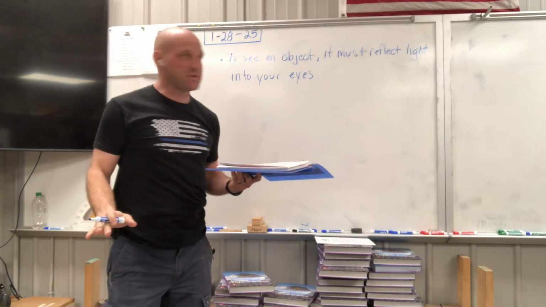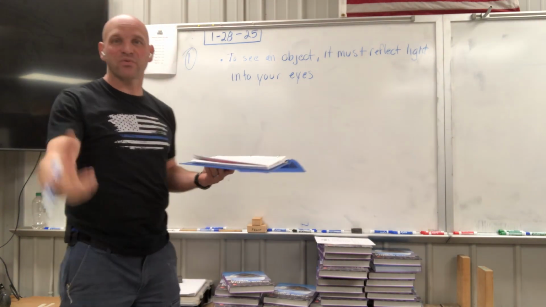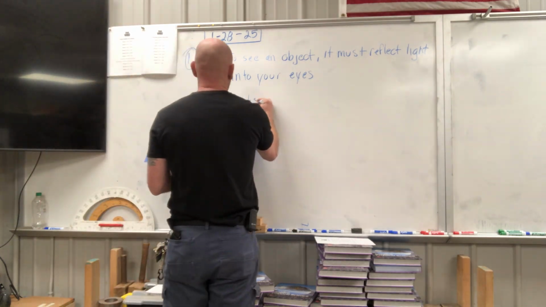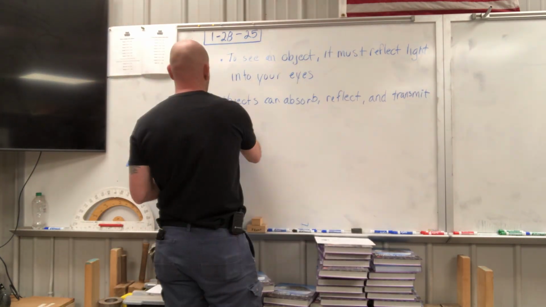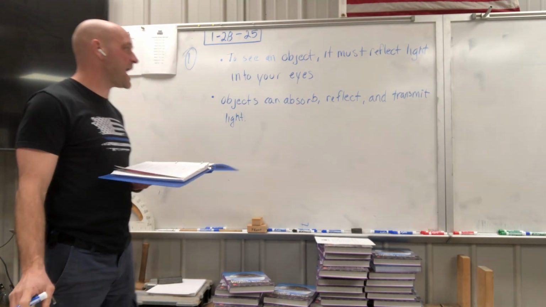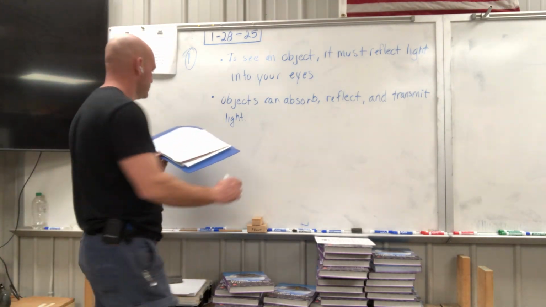To see an object, it must reflect light back into your eyes. Objects can absorb, reflect, and transmit light.